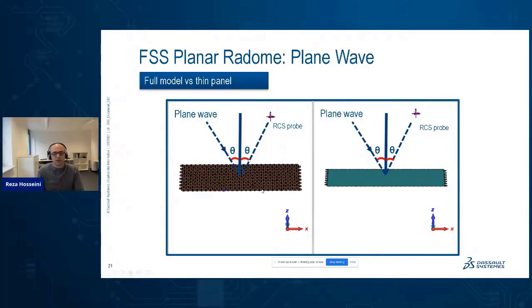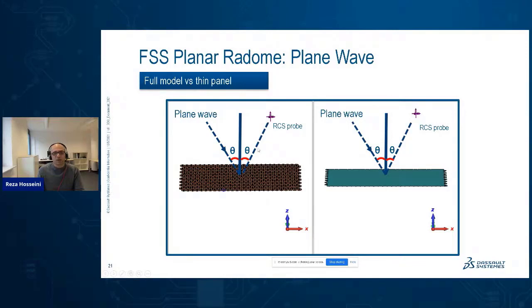This is always the case I've done. First would be the full structure, so the structure with the real geometry, and the second would be represented by SimPanel. In this case, I'm using a plane wave as excitation, and the plane wave is hitting the surface of the structure with the angle theta.